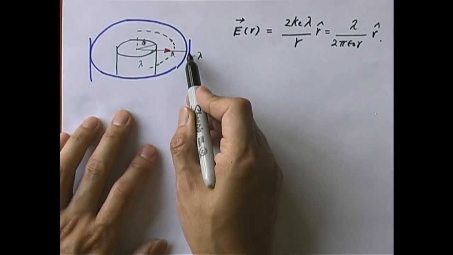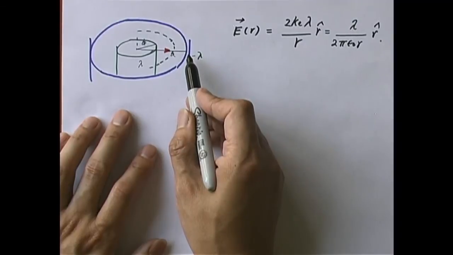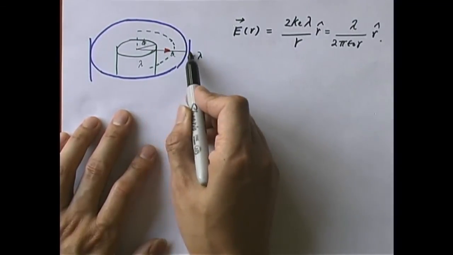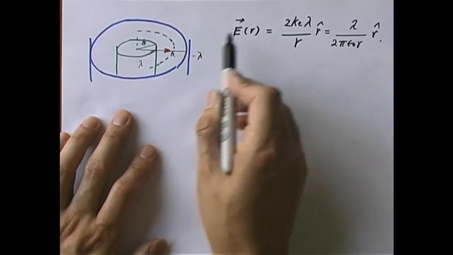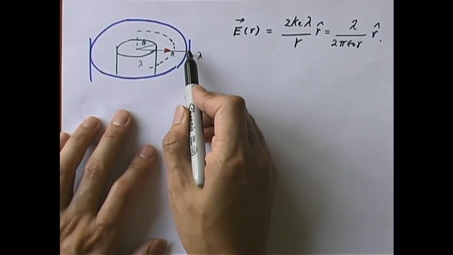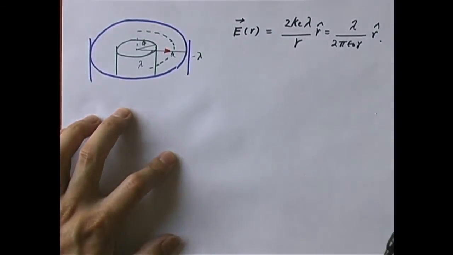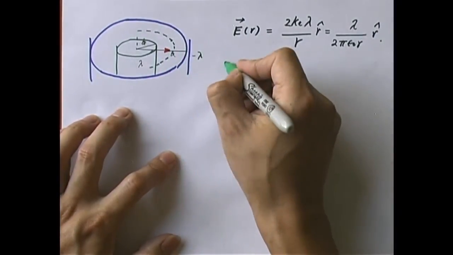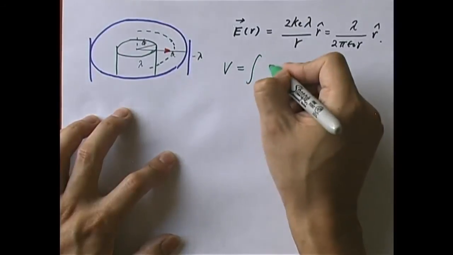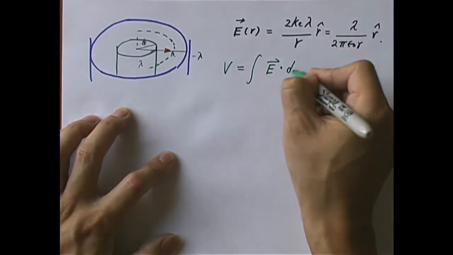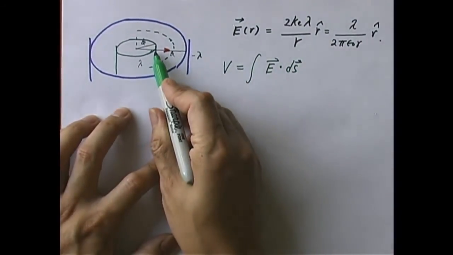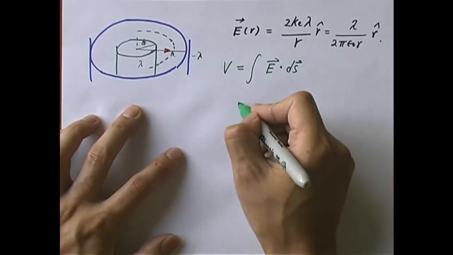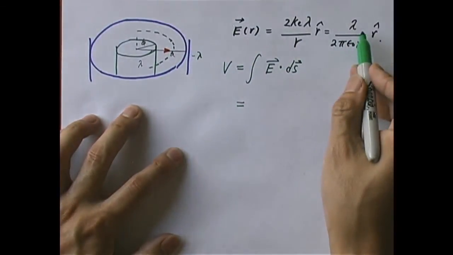Again, we have to take a certain path, and the easiest path to take to go from initial to final would be a straight line radially away, because along that line, E and ds would have the same direction. So if the potential difference here and there is V, then V would be equal to the integral of E dot ds between the inner cylinder and the outer shell, and we can plug that E in.